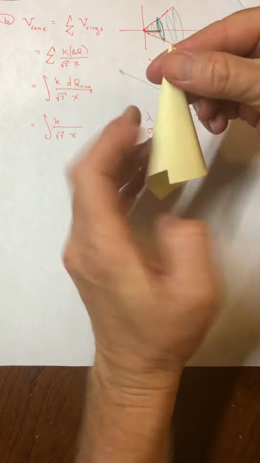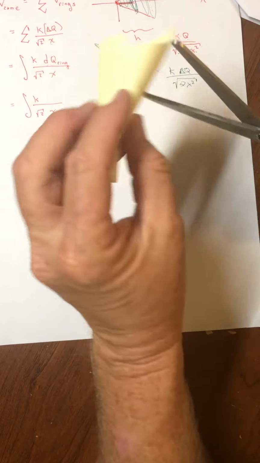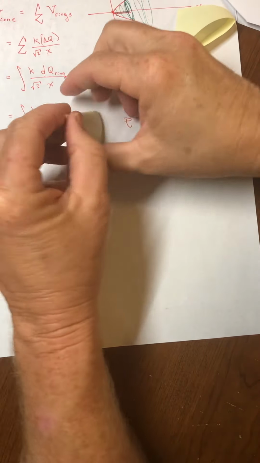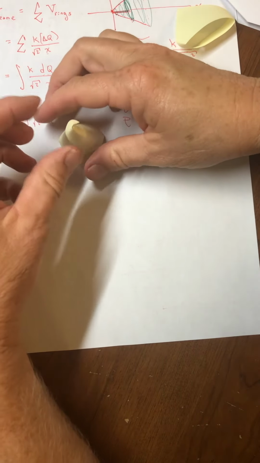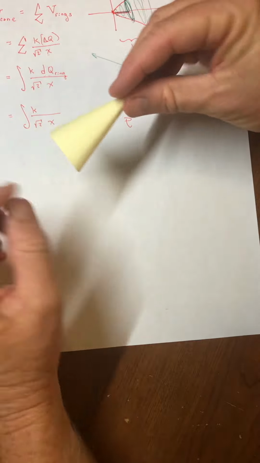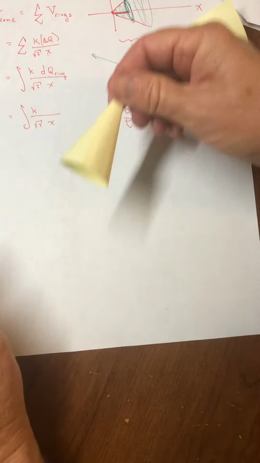But see, the charge is spread out on the cone. It's definitely spread out over a surface here.